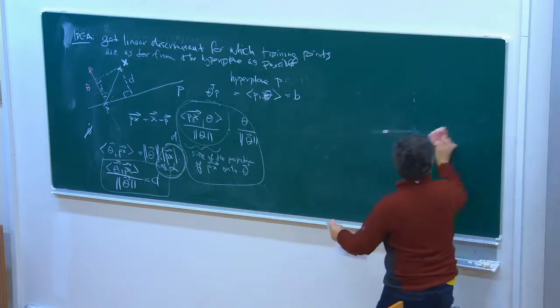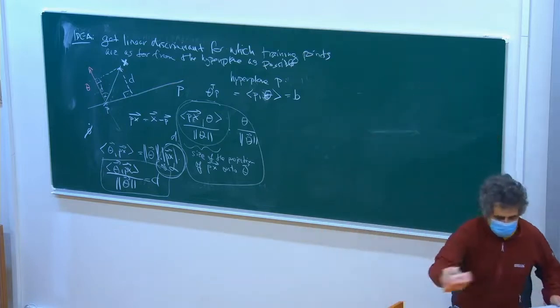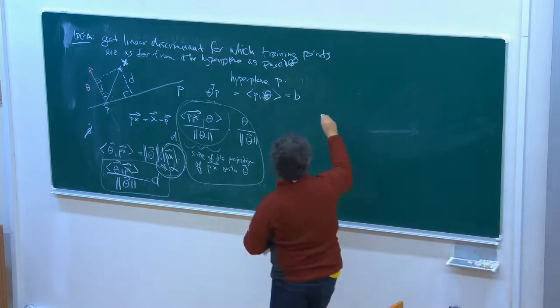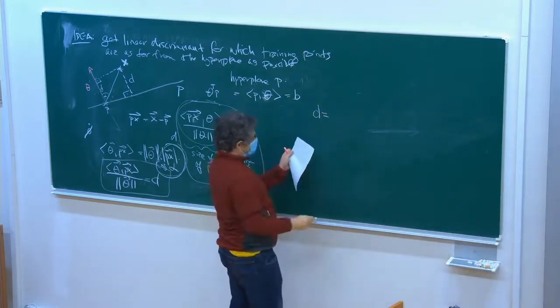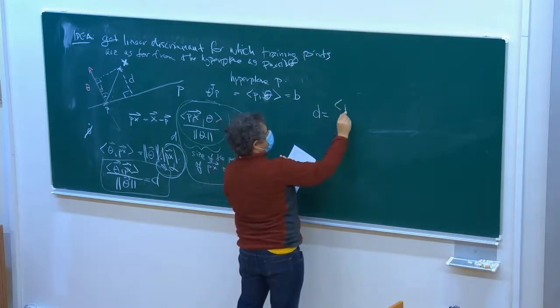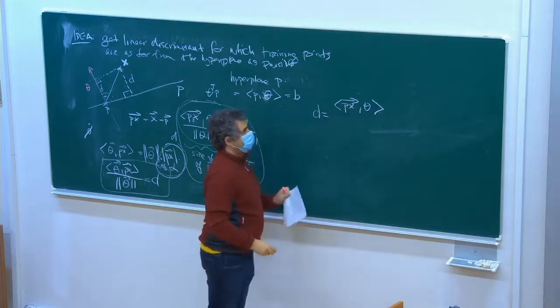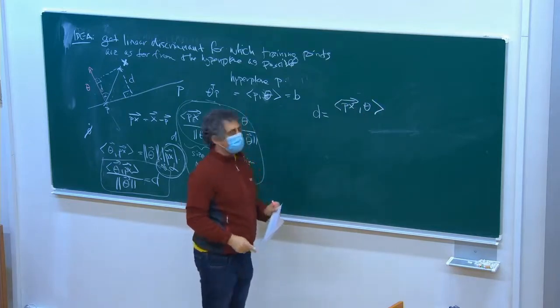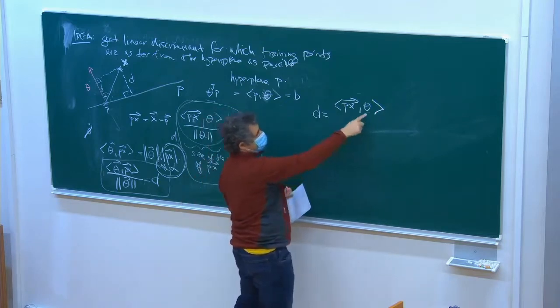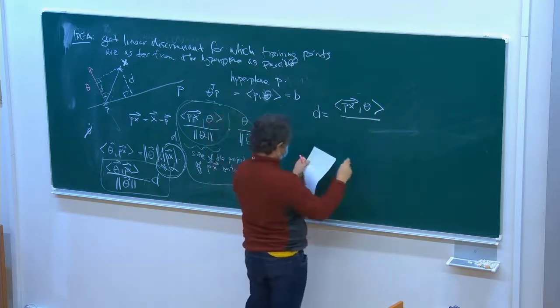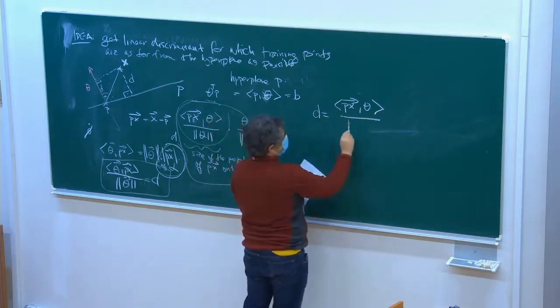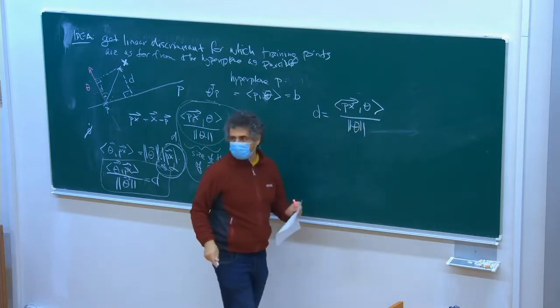So we have the distance d that we want to compute. Distance d is equal to the dot product of vector px with theta, divided by the size of vector theta.